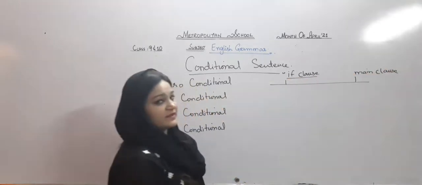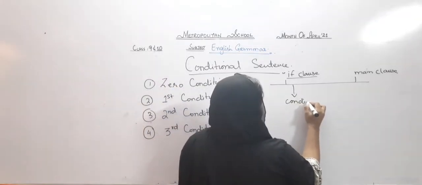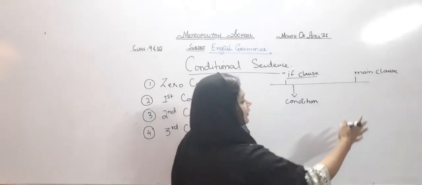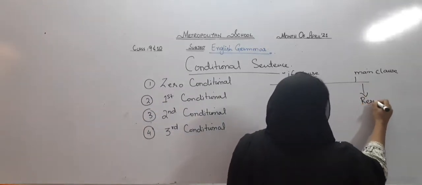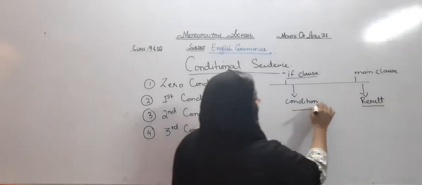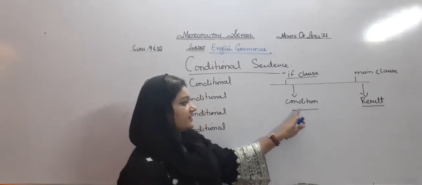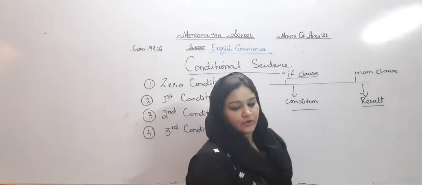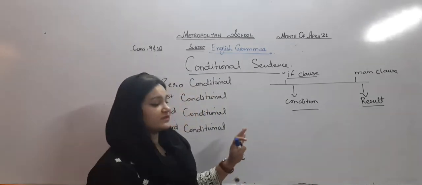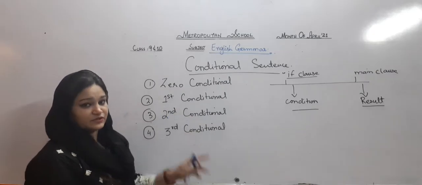The if clause gives us a condition, and the main clause gives us a result. Now I am going to move towards a chart, because we have different formulas and structures of these conditional sentences.